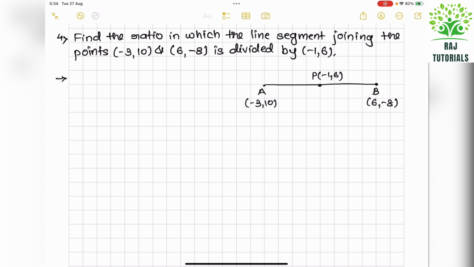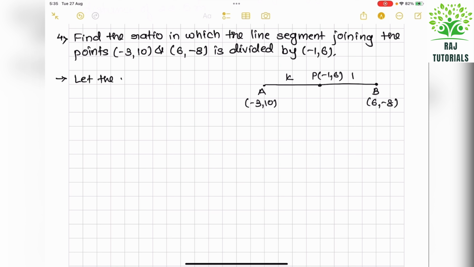Now next question says find the ratio in which the line segment joining the points minus 3 comma 10 and 6 comma minus 8 is divided by the point minus 1 comma 6. So let A be (minus 3, 10), B be (6, minus 8) and P be (minus 1, 6). And the ratio it divides is K is to 1. So now let me write all the things.